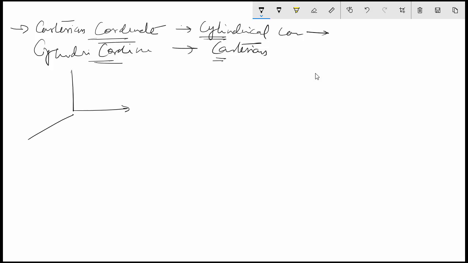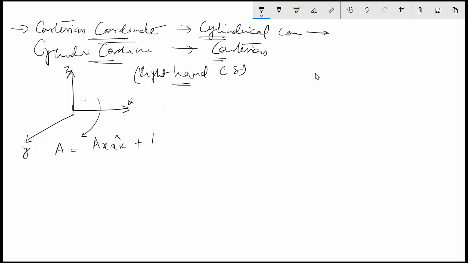So if you have a simple coordinate system like x, y and z, this is a Cartesian coordinate system, and if you are moving in the clockwise direction, then this is a right hand Cartesian coordinate system. And it's possible to write a vector A in the Cartesian coordinate system as Ax into ax plus Ay into ay plus Az into az.